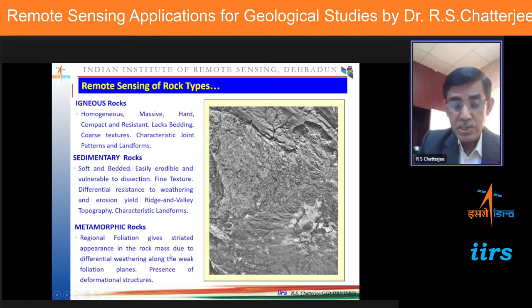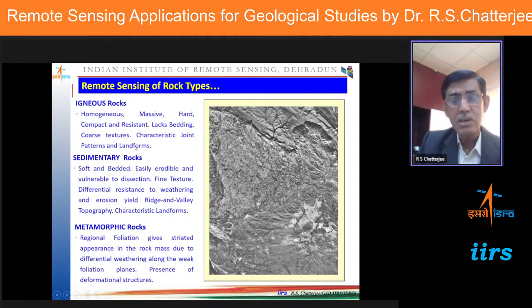There may be some geological structures like folds, faults developed. Okay, because of these regional foliation planes, because of the parallel alignment of the mineral grains, there will be these parallel weak planes. And along these parallel weak planes, there will be differential weathering, which will appear as striations on the image. Now I have described all three broad rock types.